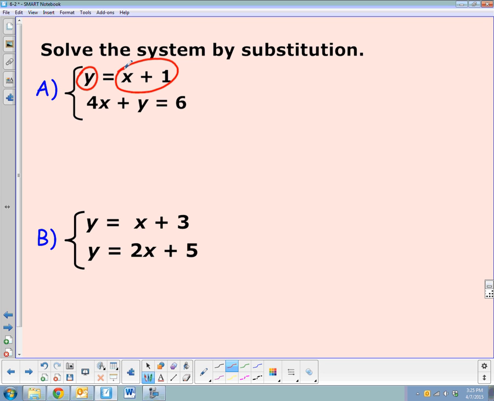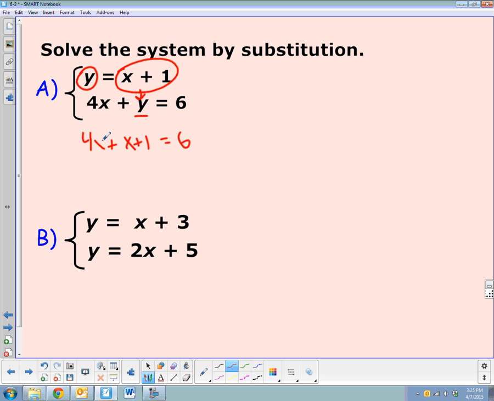So if y is the same as x plus 1, here's a y right there. Y is the same as x plus 1. So I've got x plus 1 instead of y. I substituted x plus 1 in for y.